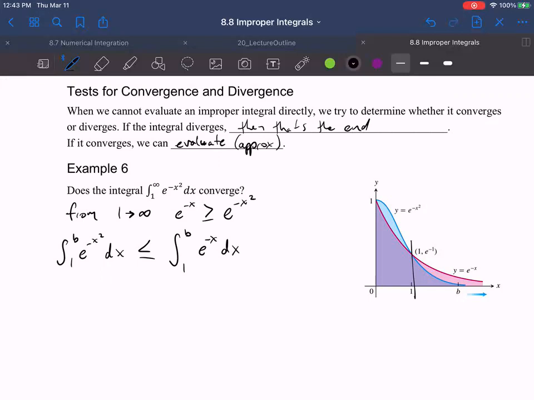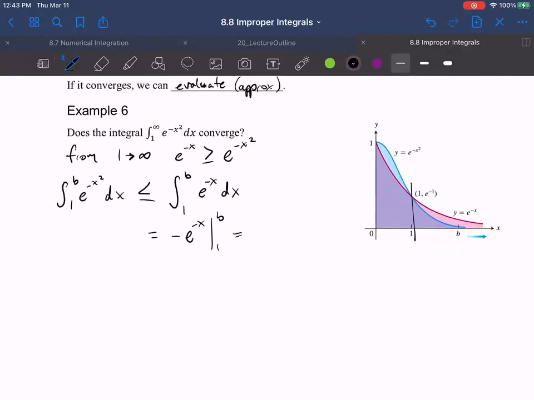So e to the negative x, if we start integrating it, it's negative e to the negative x from 1 to b, which is negative e to the negative b plus e to the negative 1, right? And so we then can input e to the negative infinity. What's that going to be? 0.